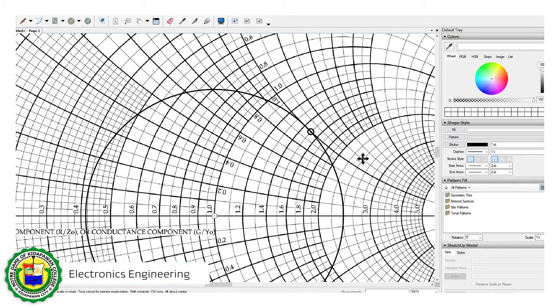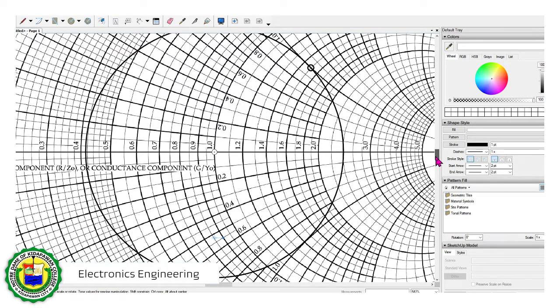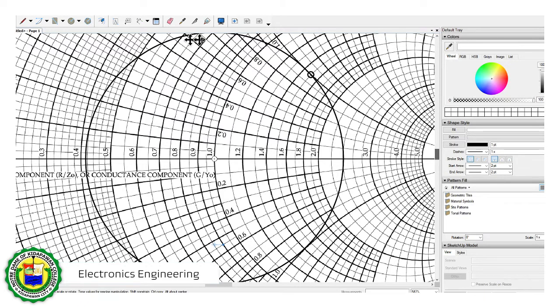From ZL, we need to move towards the generator until a point is reached where the line is purely resistive. In order to identify which points of this circle are resistive, if we move around this circle, we just have to find points where it would intersect with this line.